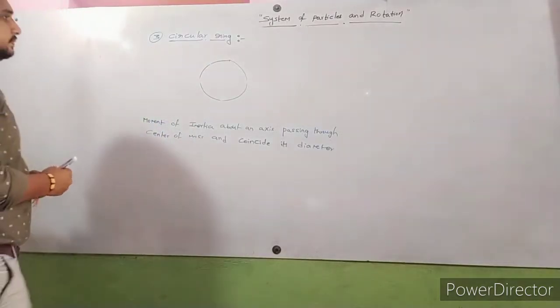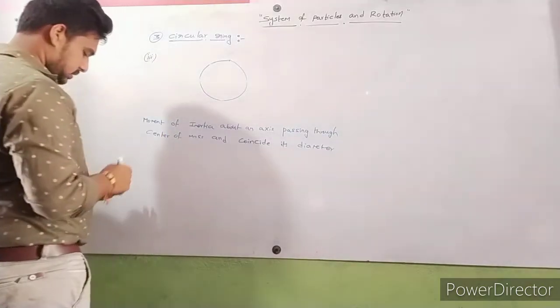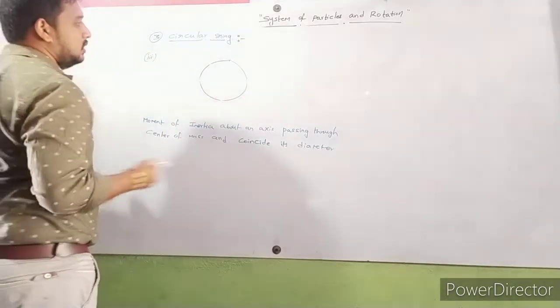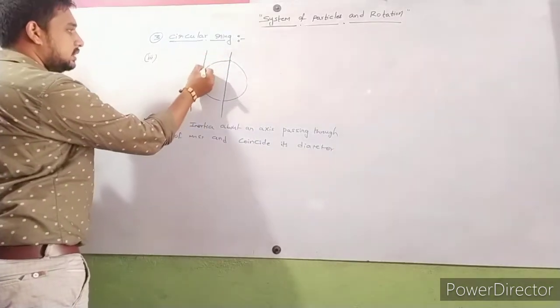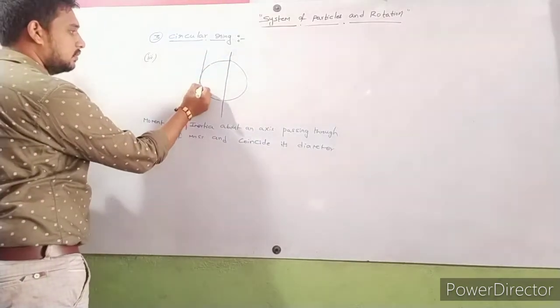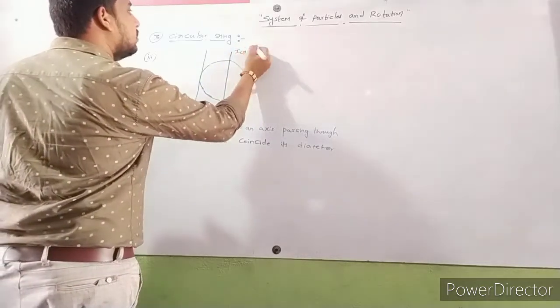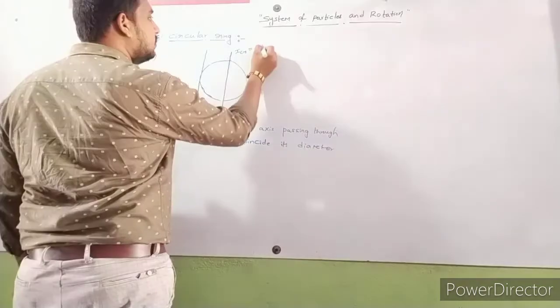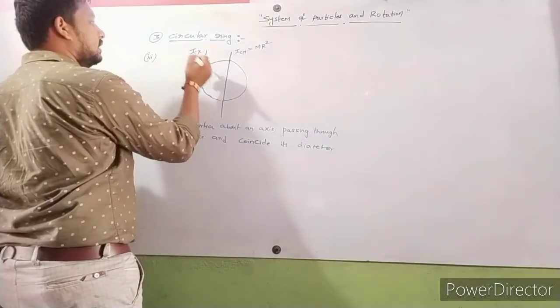Next, case 3. Passing through center of mass, and this one, ICM, center of mass, is equal to mr square. So this is Ix, I consider as Ix.